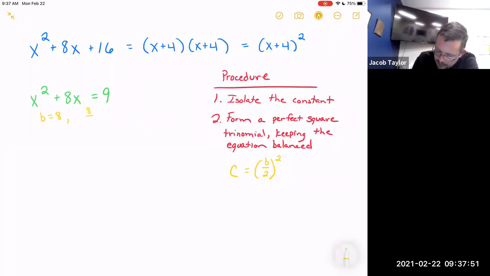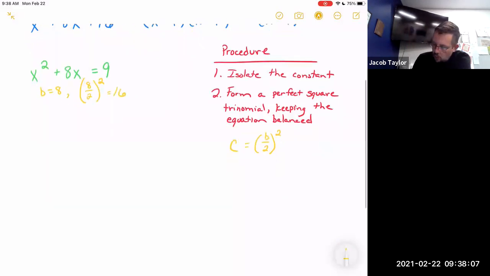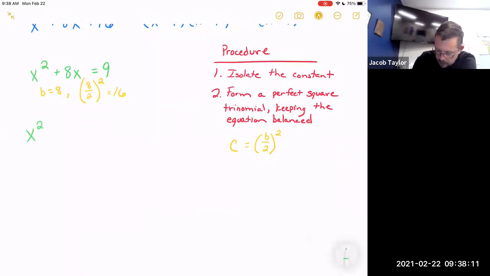So if we did 8 divided by 2 squared, 8 divided by 2 is 4, and 4 squared is 16. So that's how I could figure out that it was 16, even if I didn't know it from the previous problem. So instead of x squared plus 8x, I'm going to do x squared plus 8x plus 16.